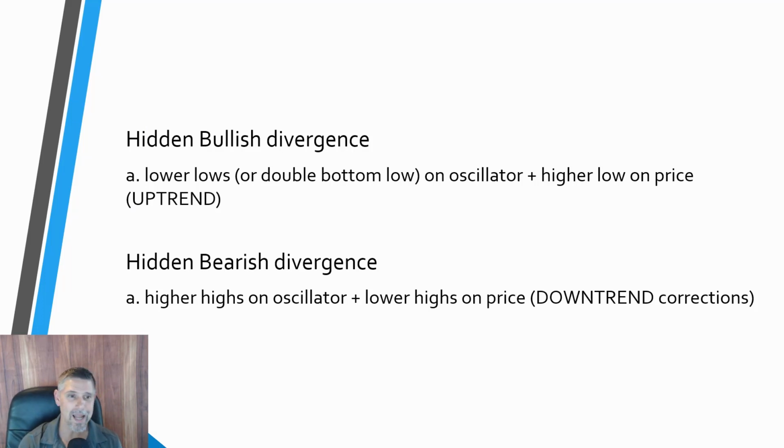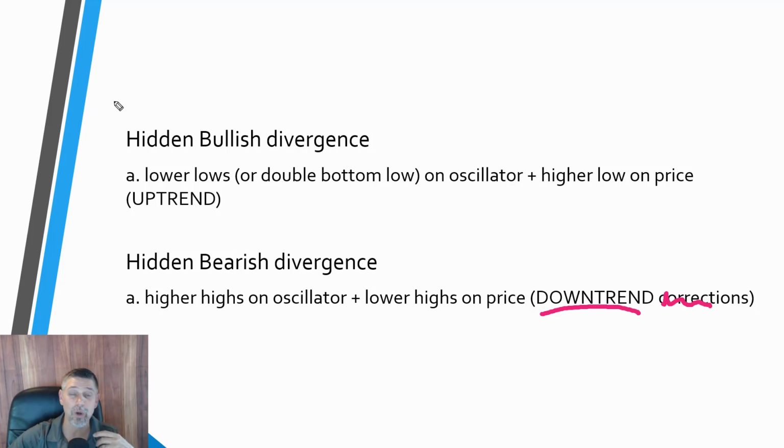All right, so now let's talk about the hidden bearish divergence, okay? So now we're gonna just switch our thinking, right? So what this one is, higher highs on the oscillator indicator plus lower highs on the price. So an easy way first is it's in a downtrend. That's what you need, and I put corrections for a minute, but just remember downtrend, okay?